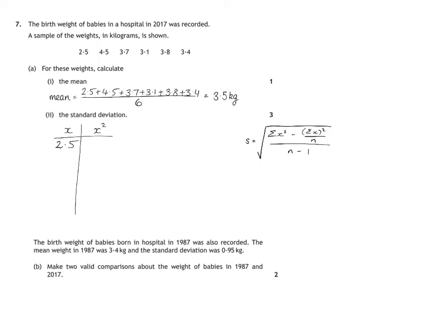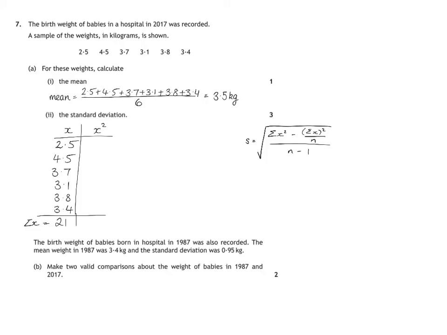So we have 2.5, 4.5, 3.7, 3.1, 3.8 and 3.4. So the sum of x is what we get when we add all those together, which is 21.